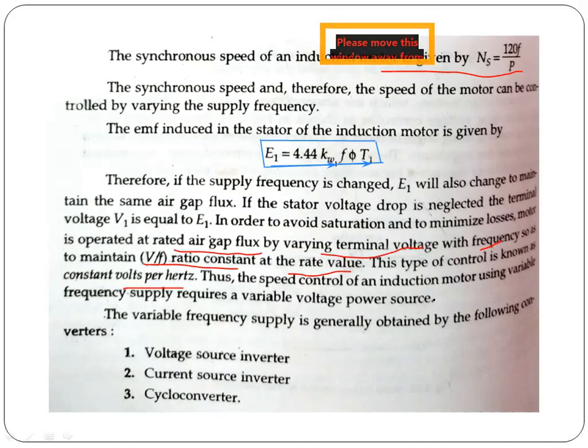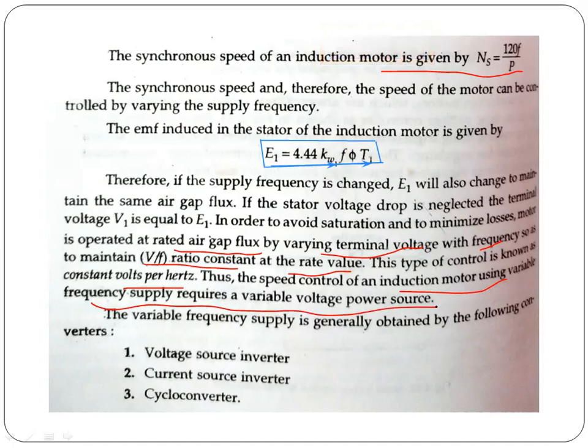Thus, the speed control of an induction motor using variable frequency supply requires a variable voltage power source. The variable frequency supply is generally obtained by converters like voltage source inverter, current source inverter or cycloconverter.